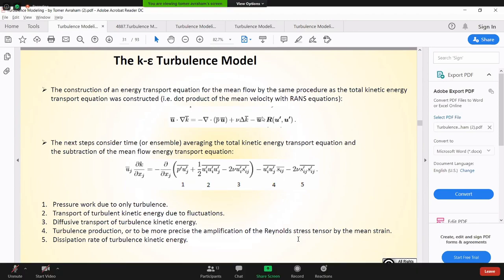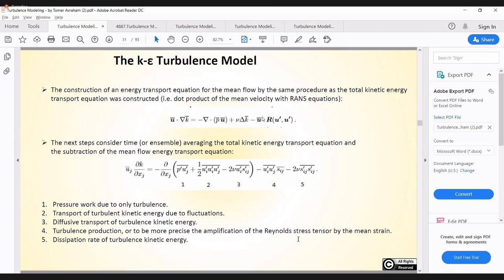Second of all, it kind of works only because this creature here that we have comes from the nonlinear part. It kind of works because we only get the mean velocity in the Reynolds equation. So that's it.